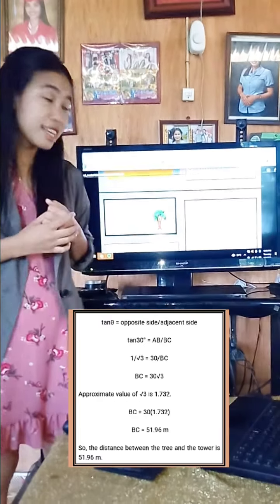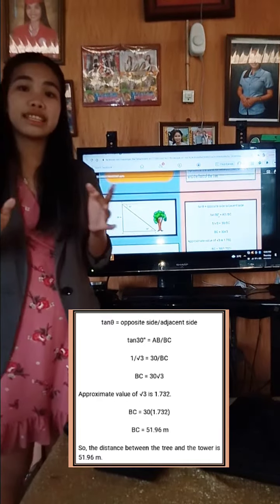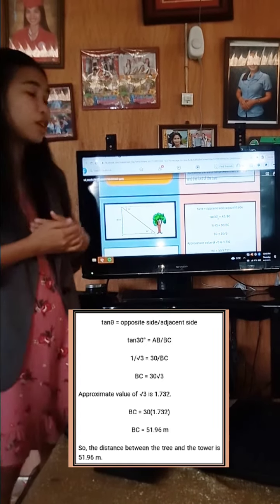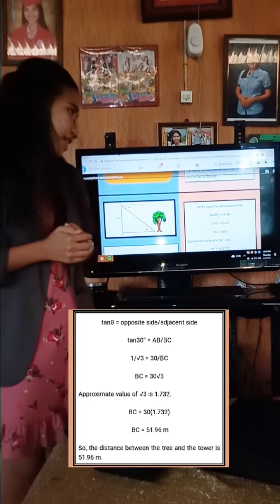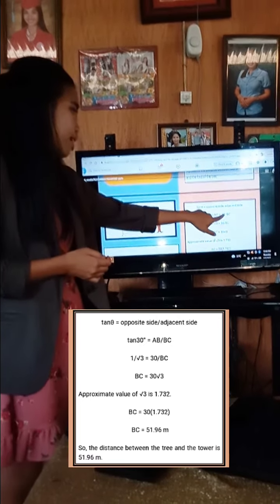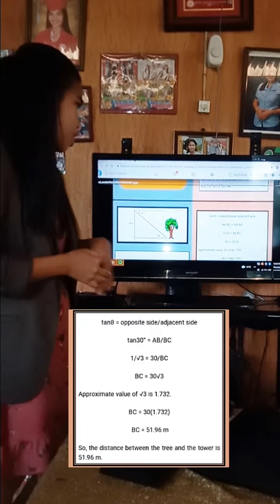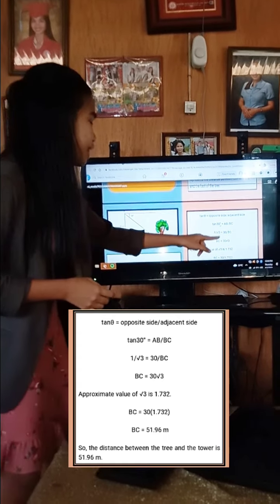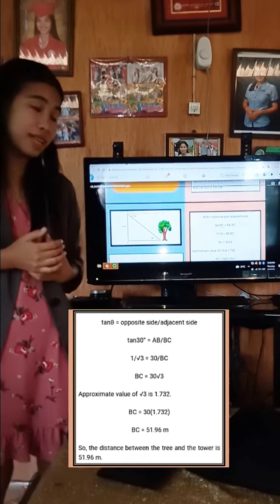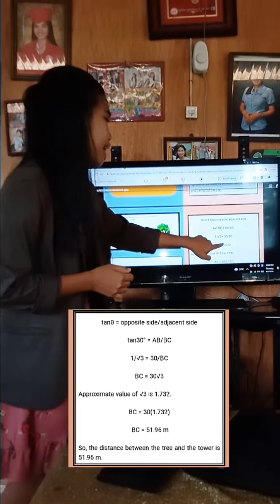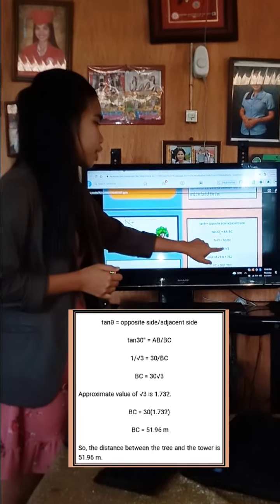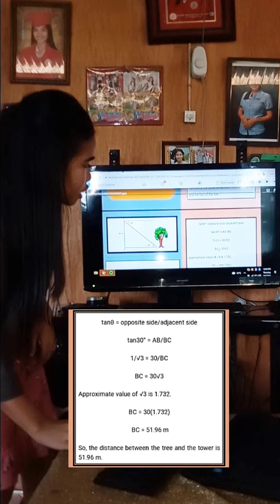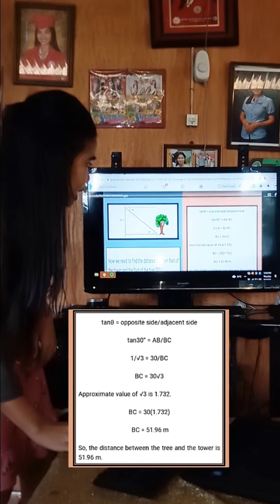When we type tan 30 degrees in the scientific calculator, the result is 1 over the square root of 3. So 1 over square root of 3 equals 30 meters over BC, which is the unknown. Same step, cross multiplication, and the answer is BC equals 30 square root of 3.